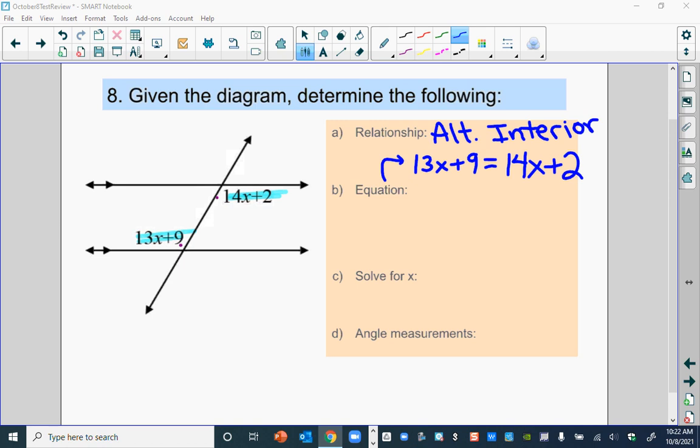I got 7. Okay. So x is 7. Anybody else get an answer yet? Okay, 7. Anybody else? Okay.